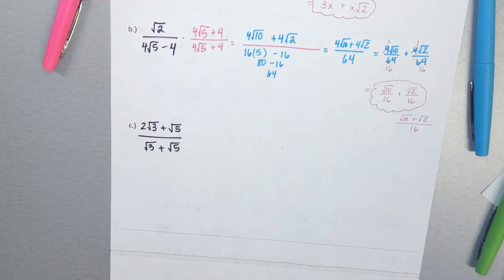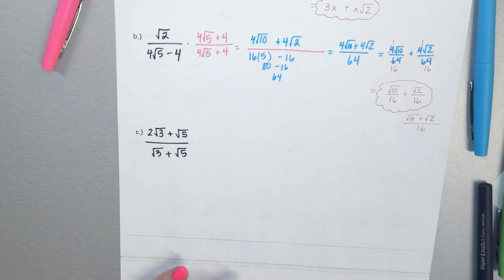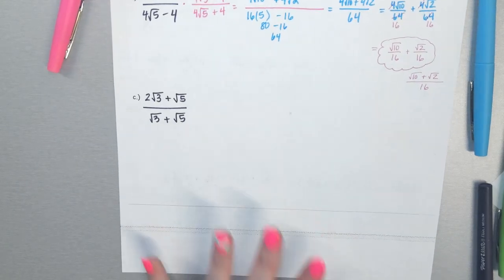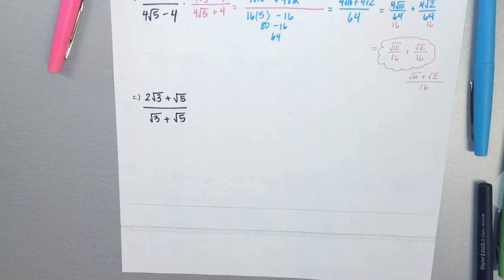Okay, notice now we have radicals in the numerator and denominator, and they're both binomials. Okay, so I want you to write down what you're going to multiply the numerator and the denominator by.